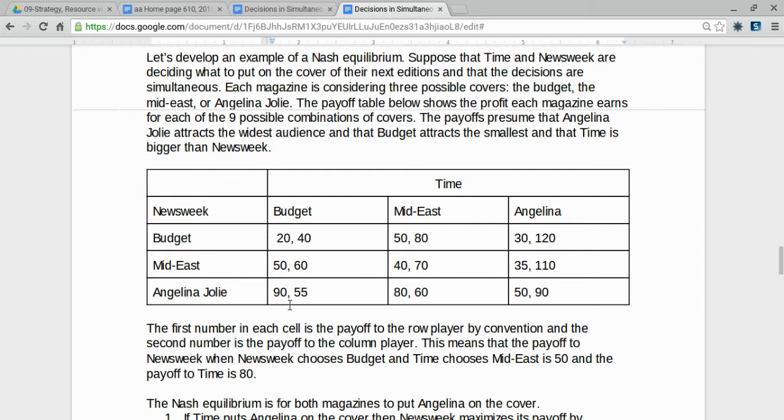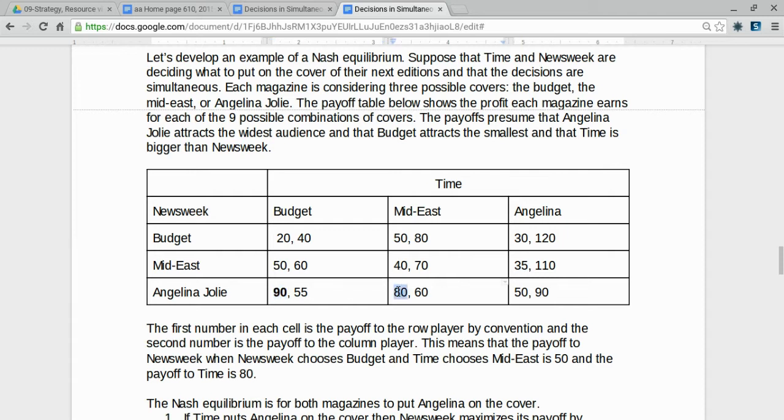If Time chooses Budget, Newsweek will get either 90 or 50 or 20. Since 90 is the highest payoff in that first column, Newsweek would like to choose Angelina Jolie when Time chooses Budget. If Time chooses Mideast, Newsweek will get 50 or 40 or 80.